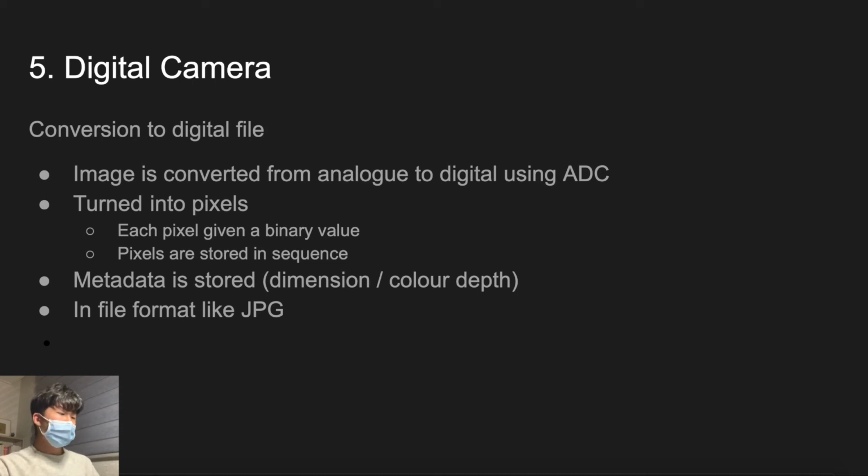What I mean by metadata is data about data, meaning data about how data is stored, like the dimension and color depth of the image. So the overall file is stored in a file format like JPEG or JPG after it was captured in a digital file. So that's it for a digital camera, and we'll move on to keyboards.